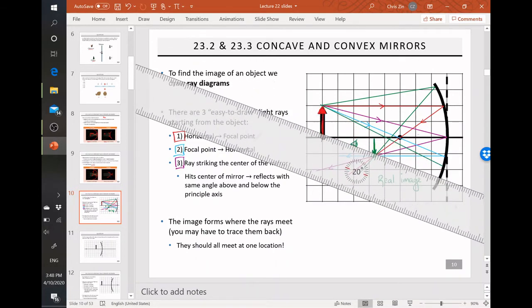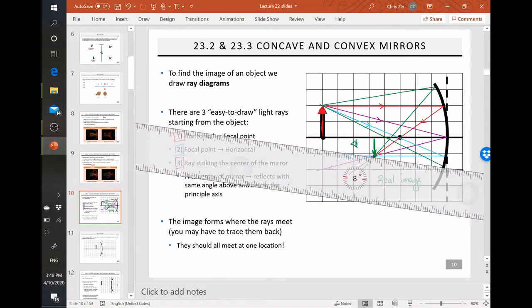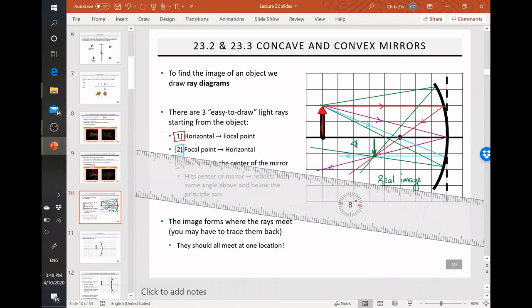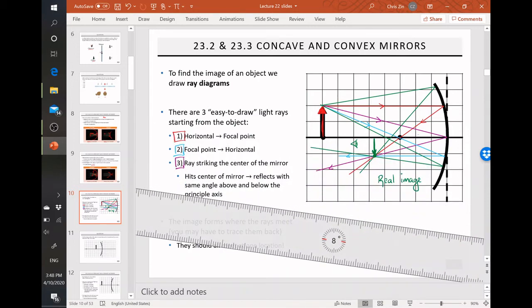When this one reflects off, it will also pass through the image location. So the three easy-to-draw light rays are an easy way to find the image location, but once you've found the image location, you know that every single light ray coming from the object and reflecting off of the mirror will go through that image location.